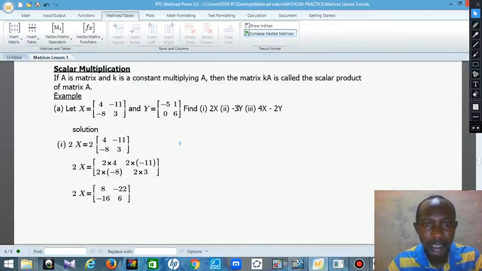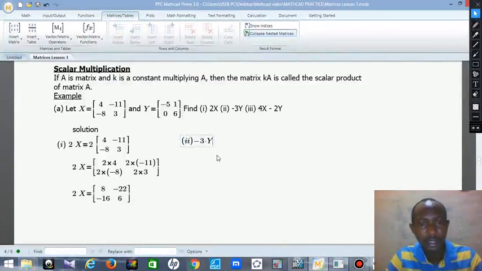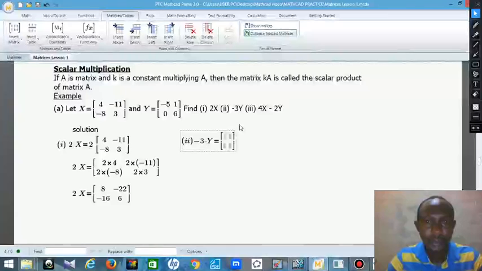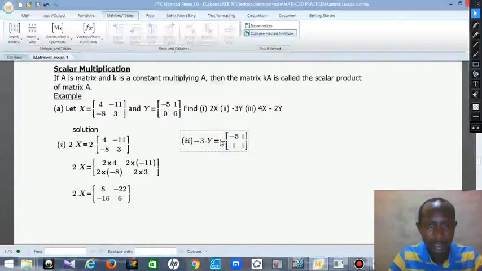So let's just complete these other ones. Let's see how we are going to do it. So the second question here is minus 3y. So minus 3y is going to be equal to, so the matrix y is minus 5, 1, 0, 6. Okay, let's put the minus 3 out first.